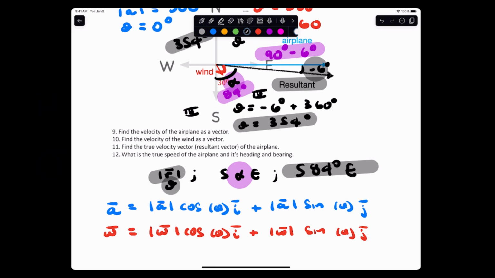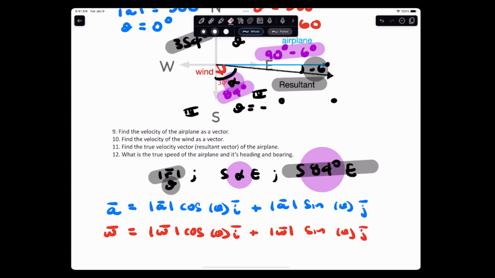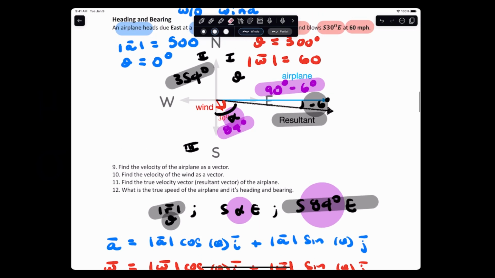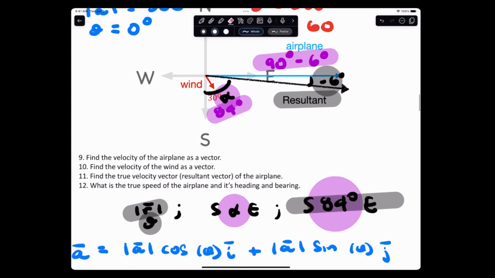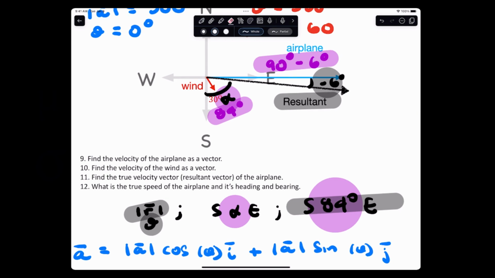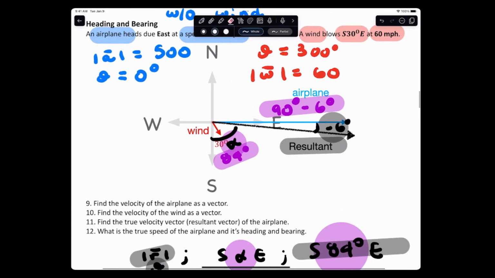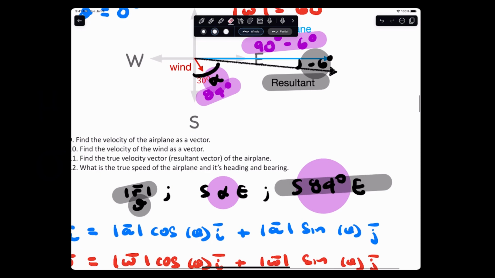South 84 degrees east. And that's the true heading and bearing of the airplane now with your wind. Okay? So you have all the information now of what they're asking.